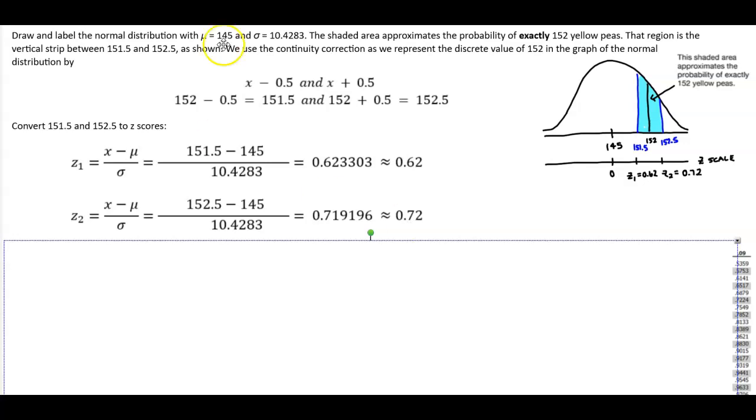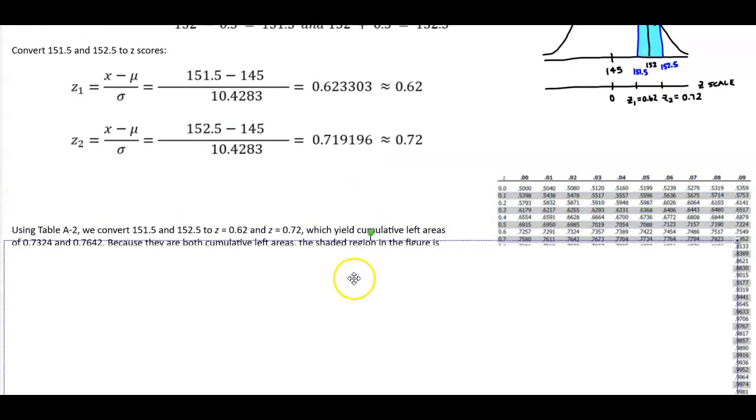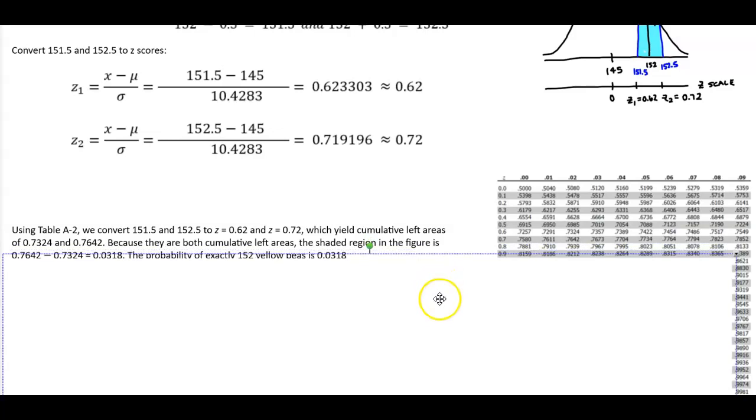So now we found our z-scores. We want to use the table to find the area to the left of 0.62 and the area to the left of 0.72. Here is 0.62, and then we also have the area to the left of 0.72.